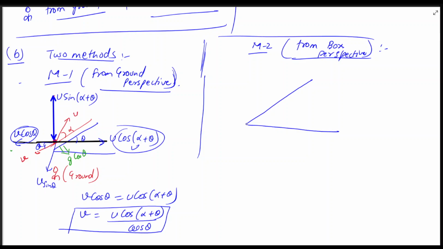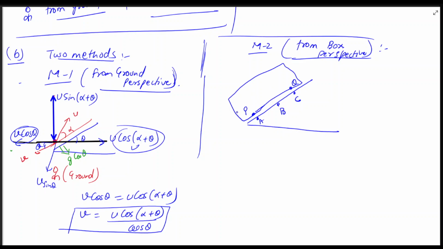This is our box. Let me make 2 points. One is this P, another is this Q. Let's say this is A, this is B, and this is C. Now try to understand this. These A, B, C points are on this inclined plane, and P, Q are the points on the box.